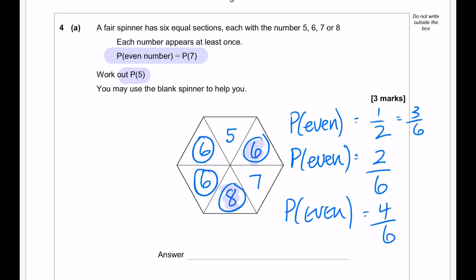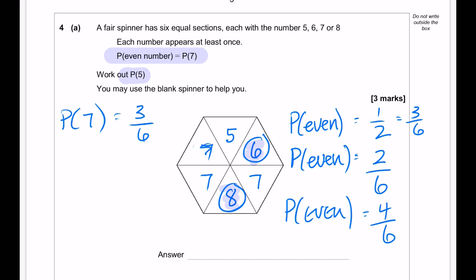Well, obviously, what we've got is we've got the chance we can change what we've put in here. So let's say if we put another 7 in there, the probability of getting a 7 would be 3 out of 6. So we can kind of change that a little bit.